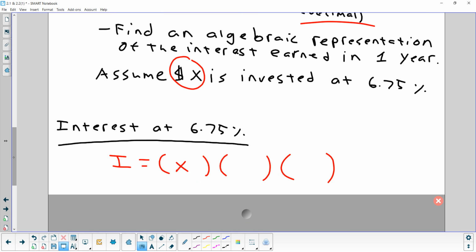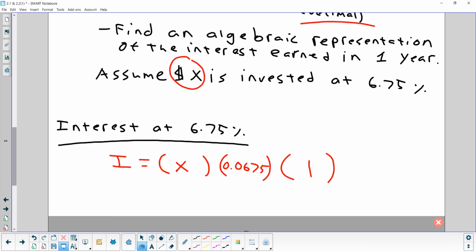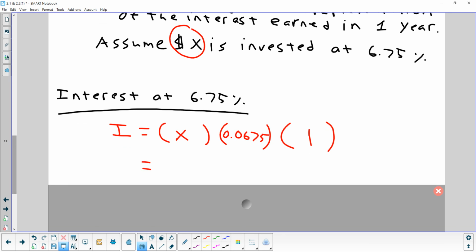Yep, go ahead, Mabel. 0.0675. There's my rate. And the time, how long is Bill doing this investment for? 1 year. Just 1 year, so we don't need that. So let's just simplify that. Usually when we multiply a letter and a number, we put the number in front. So 0.0675x. All right, so there's the interest at 6.75%.